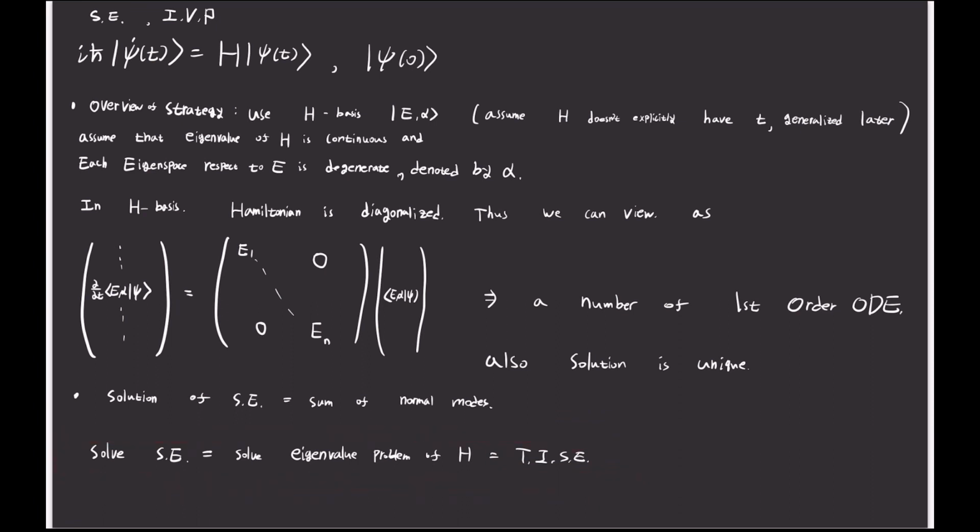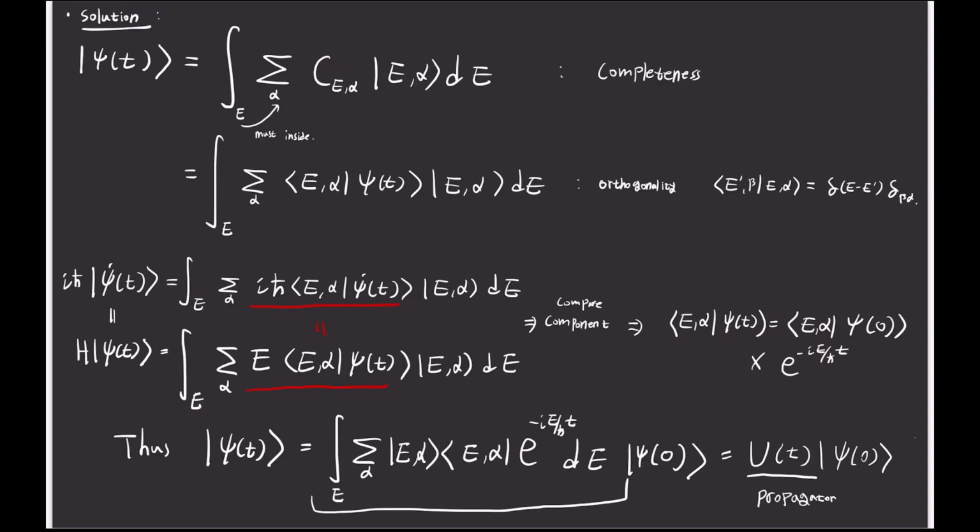And we can see another feature of the Schrodinger equation. The solution is unique. This is a very important feature because a first order ordinary equation has a unique solution. And let's see rigorously. We can write this state ket like this. This is the completeness of the Hilbert space and the Hamiltonian operator, right? Because the Hamiltonian is a Hermitian operator.